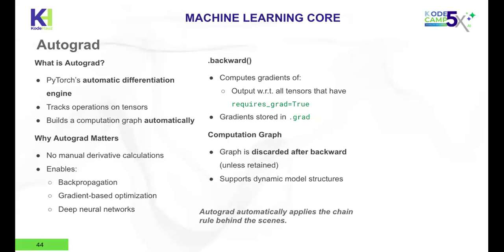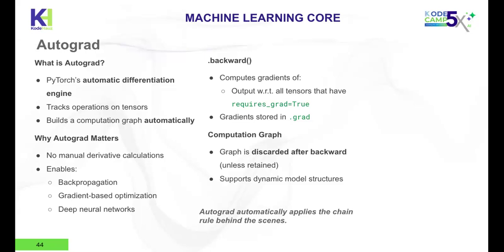In other words, it is part of the parameters that should be updated. It's only parameters that need to be updated that will require gradient, like the weights and the biases. Okay, but there are other tensors which are not parameters. So for example, the signal that comes in, right? The X values that come in do not require gradient because they are not parameters that you want to update.